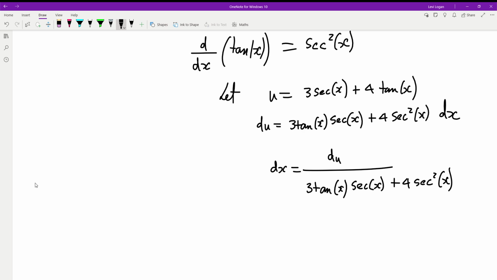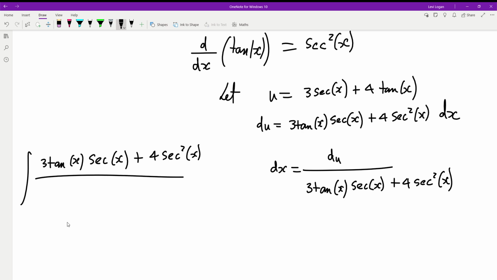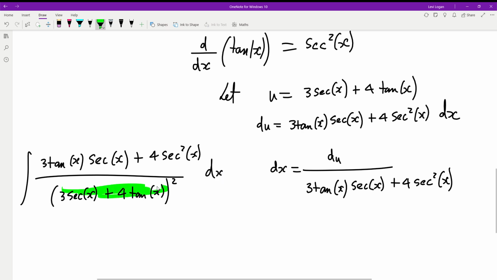So our integral, the integral of 3 tan x sec x plus 4 sec squared x, it's very hefty, all over this guy here, 3 sec x plus 4 tan x all squared dx. If I let this equal u, I can replace that with just a u straight away, so that'll be u squared.